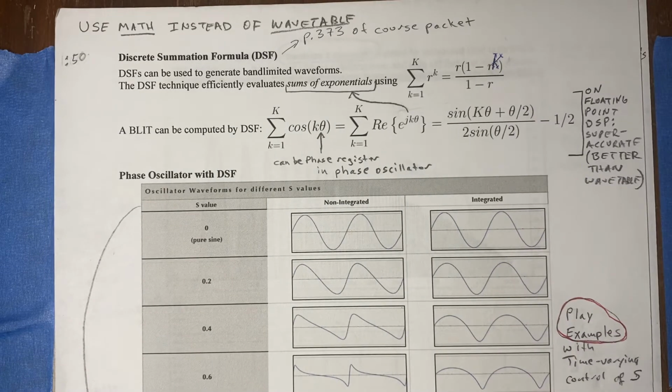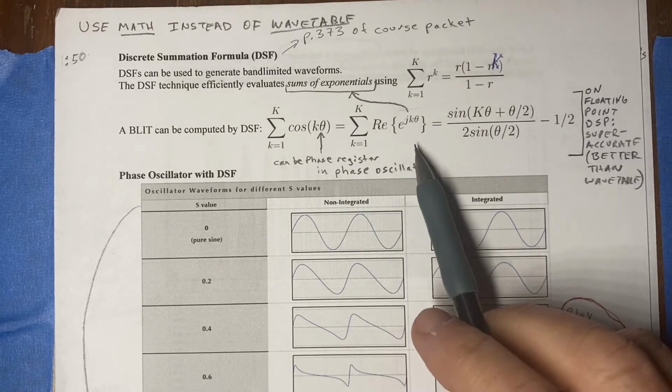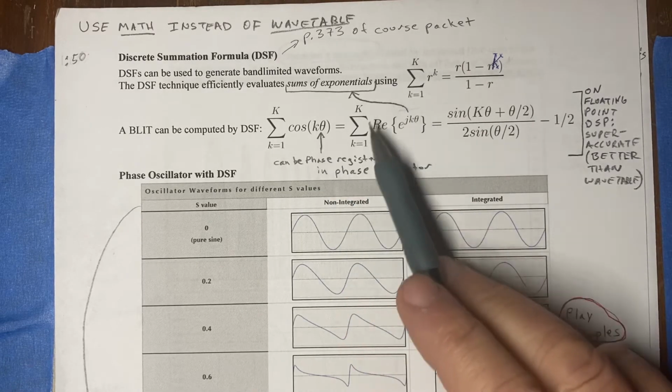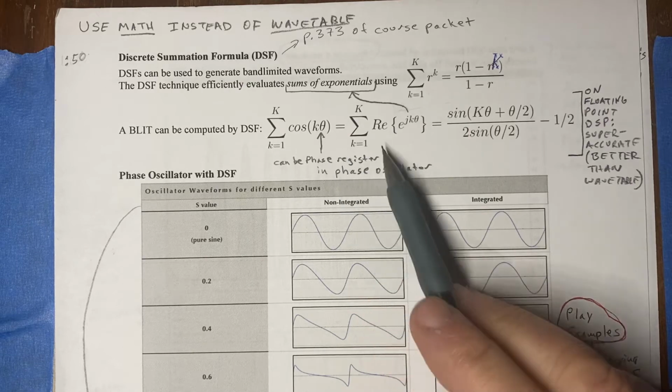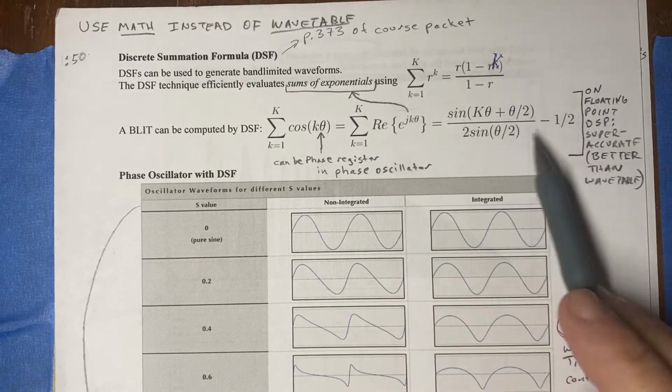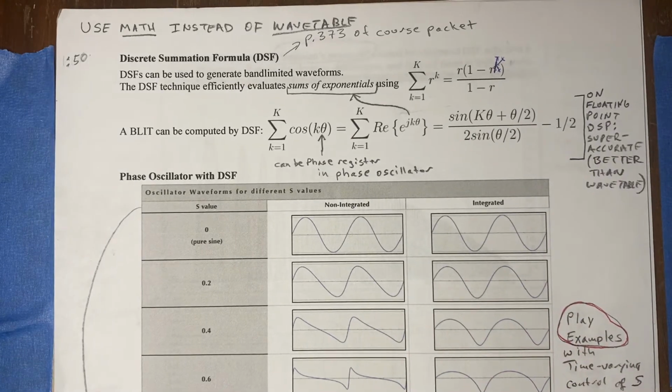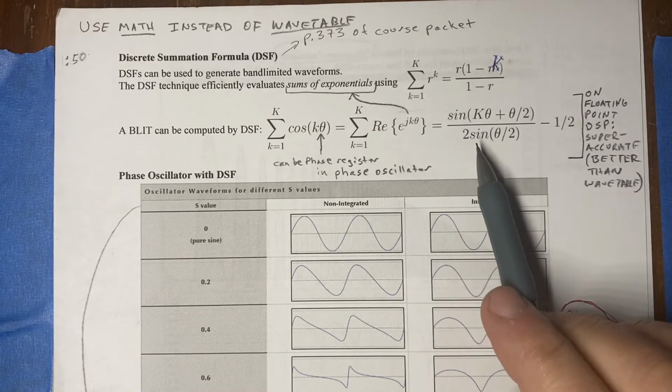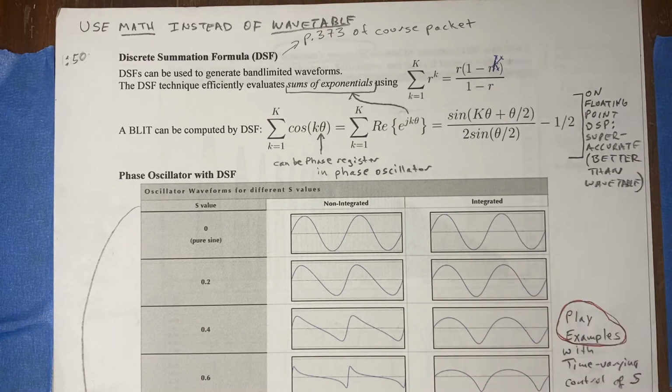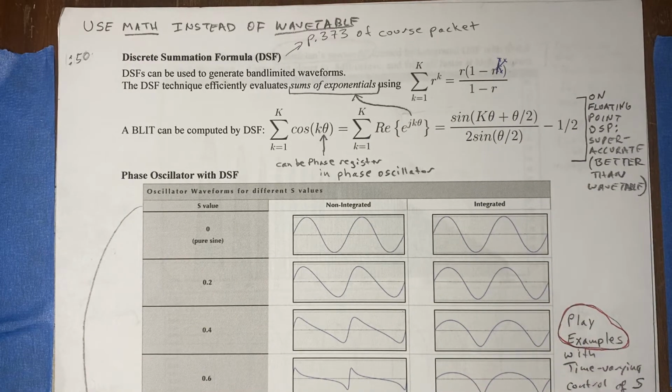You know that from ECE402. So here you have a sum of exponentials. You can move the real part to the outside and do some manipulation, and you end up with this formula here. This nice closed-form formula doesn't have a sum in it anymore, because you used this mathematical identity.